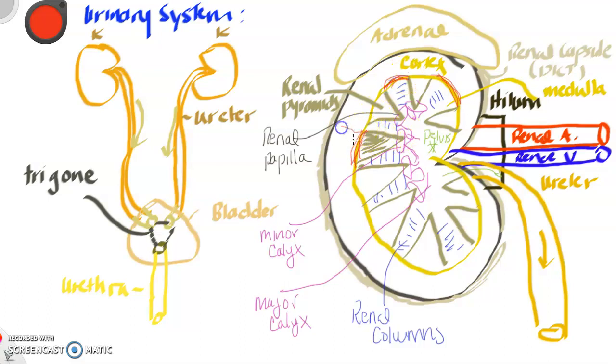And then those separate into cortical radiate arteries. Okay, and then the radiate arteries, that's where the afferent arterioles come off of.